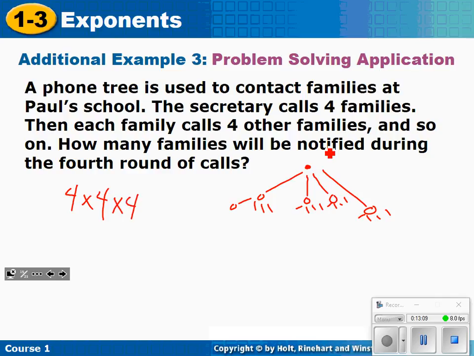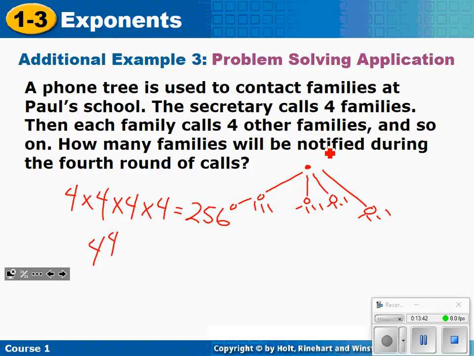And to figure out how many people are called during round 4, we got to multiply that times 4. What does that look like? Looks like the exponents. So this is the same as 4 to the 4th. And we figure that out, and that is what? 256. 256.